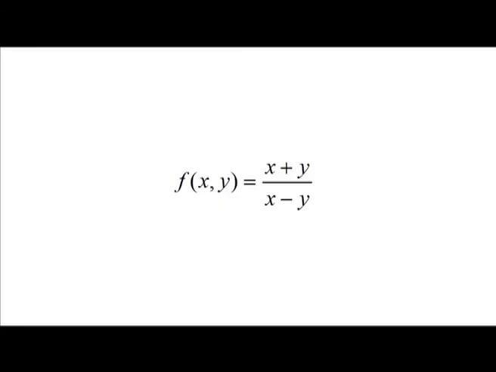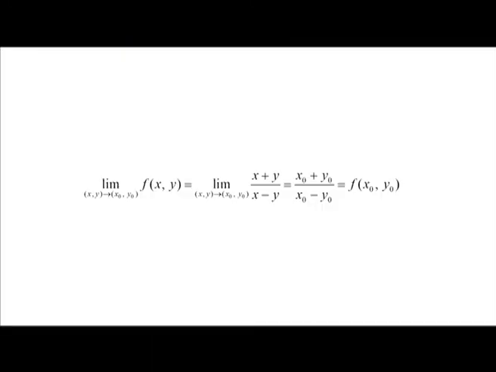As another example, the rational function f of (x, y) equals (x plus y) by (x minus y) is continuous everywhere in the plane except at the points (x, y) where x is equal to y, since at any point (x naught, y naught) with x naught different from y naught, the limit as (x, y) approaches (x naught, y naught) of f of (x, y) is equal to the limit of (x plus y) by (x minus y), which is (x naught plus y naught) divided by (x naught minus y naught), which is equal to f of (x naught, y naught).